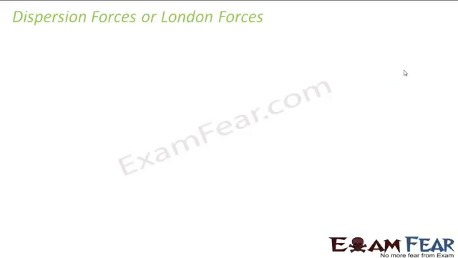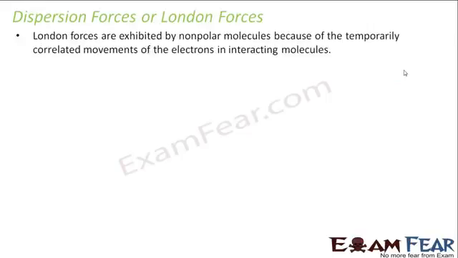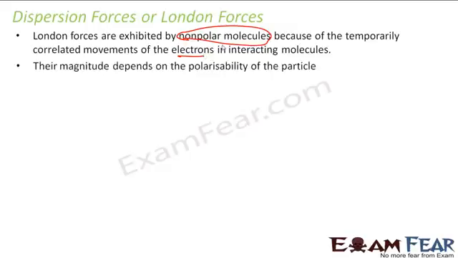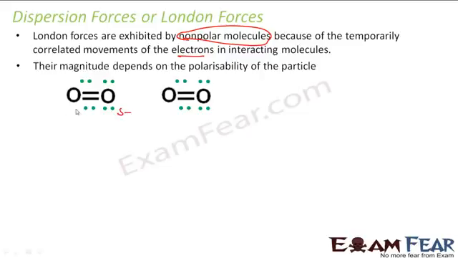Let's discuss once again dispersion force or London force. They are generally exhibited by non-polar molecules because of the temporary movement of electrons. Their magnitude depends on the polarizability of the particle. For example, take oxygen, where each atom has 4 electrons each. These electrons move, so one atom gets a slightly negative charge and the other a slightly positive charge.